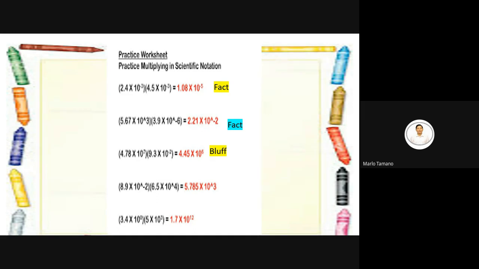So 8.9 times 6.5. The product is 57.85. Tama? Okay, so how about the powers of 10? What is the sum of their exponents?